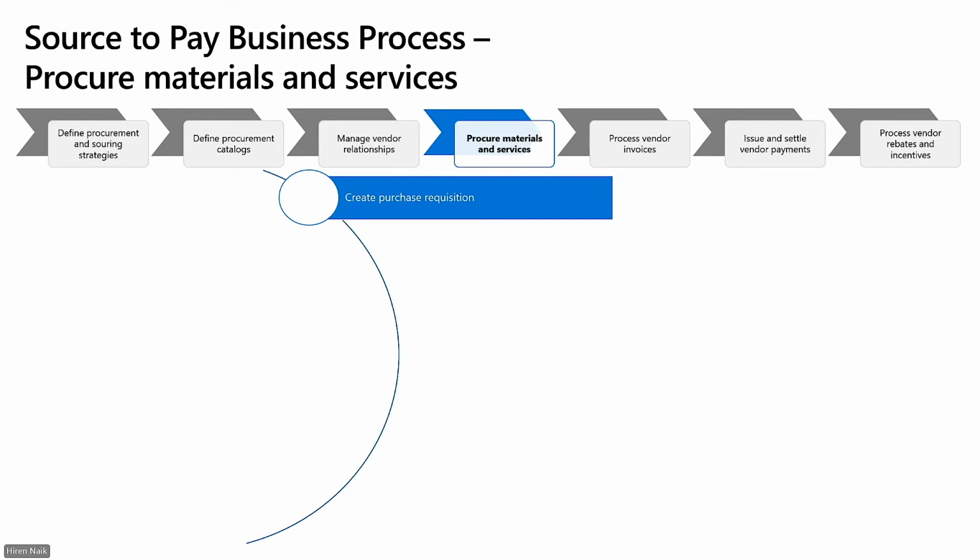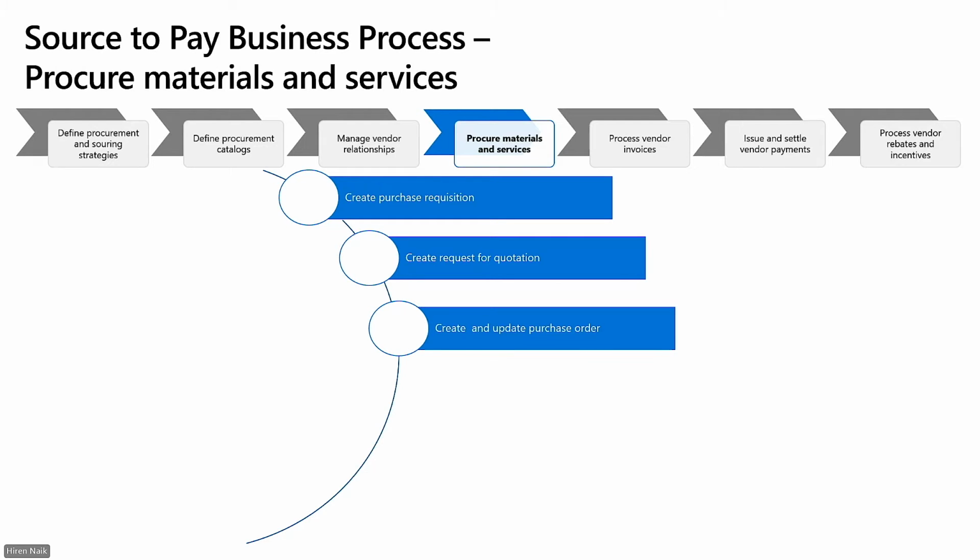To initiate the procurement process, a purchase requisition is created that identifies internal needs. Create request for quotation. The organization uses the request for quotation process to gather competitive bids and select the most suitable supplier. Create and update purchase order. The purchase order provides the details about the terms and conditions of the transaction.